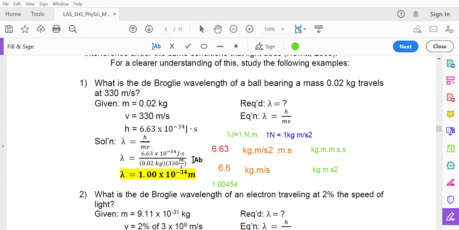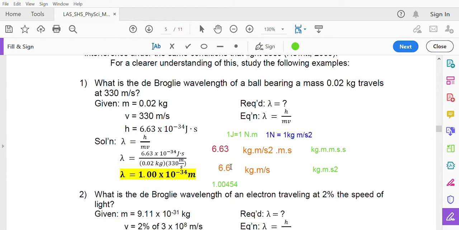If you notice, the scientific notation is only on the numerator, and the denominator has ordinary numbers. So there is no need for us to use the exponent when we divide. So when dividing, it would be 6.63 divided by 0.02 times 330, which is equal to 6.6.